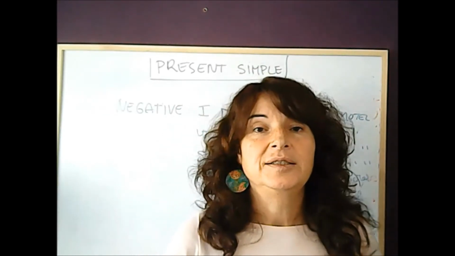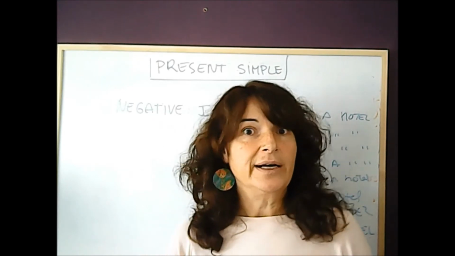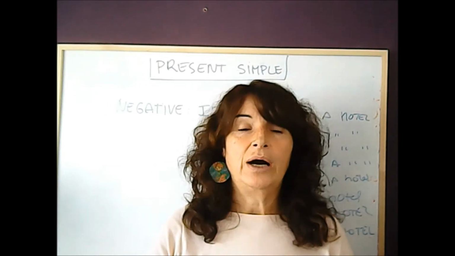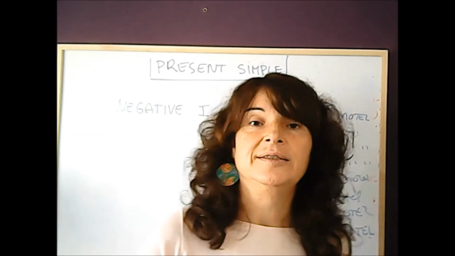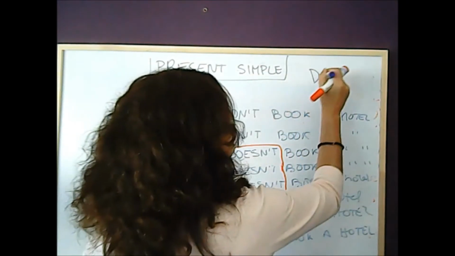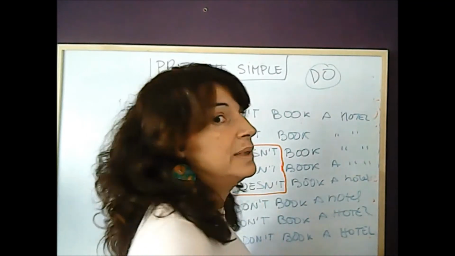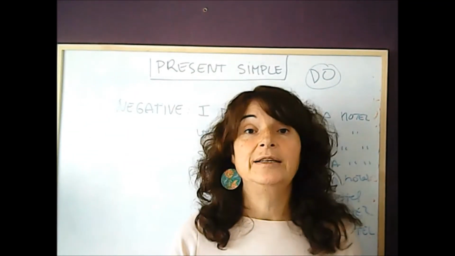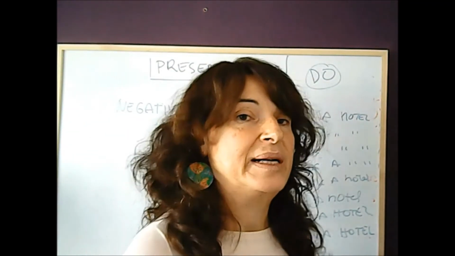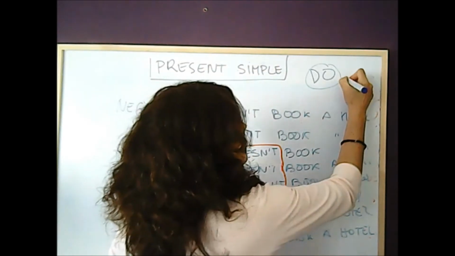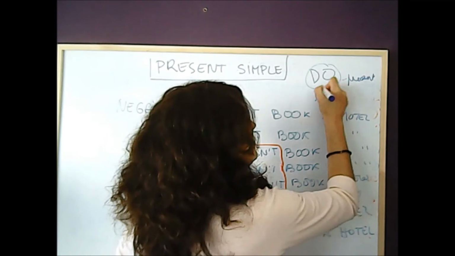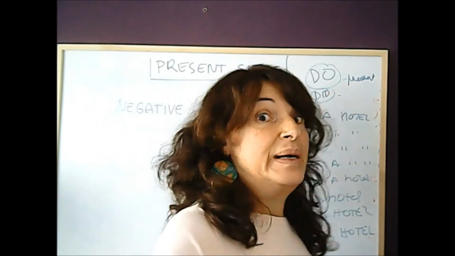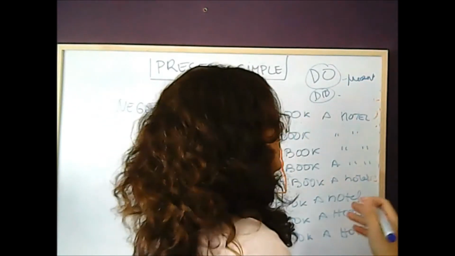In English, there are auxiliaries, and we work with auxiliaries. When we see in a sentence do, it's because we are talking in the present, perquè estem parlant en present. When we see did, és perquè estem parlant al passat.